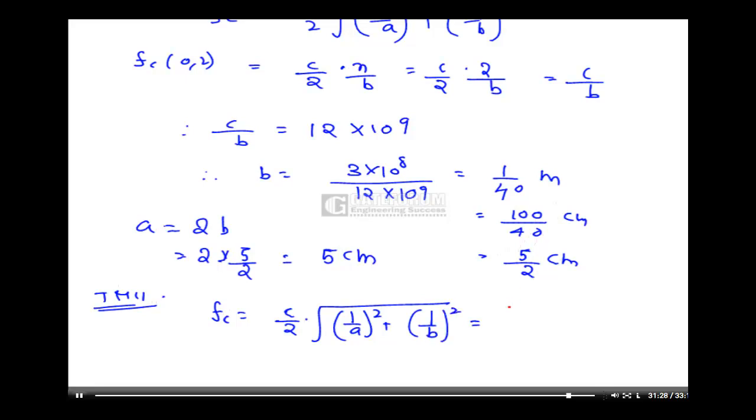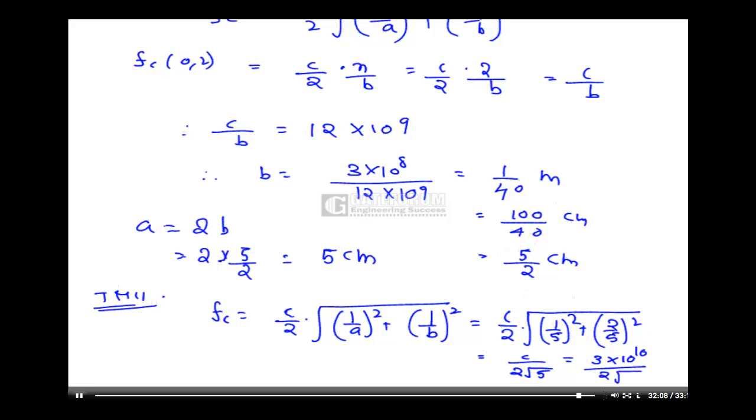So that is equal to C by 2 into square root of 1 by A whole square plus 1 by B whole square. With A equal to 5, that is 1 by 5 whole square plus 1 by B, that is 2 by 5 whole square. So that is equal to C by 2 root 5, that is 3 into 10 power 10 by 2 root 5.